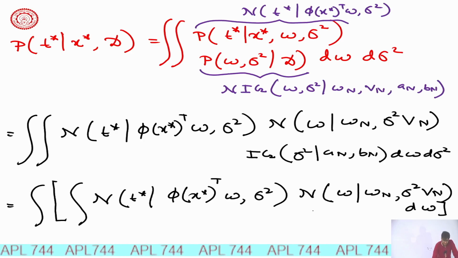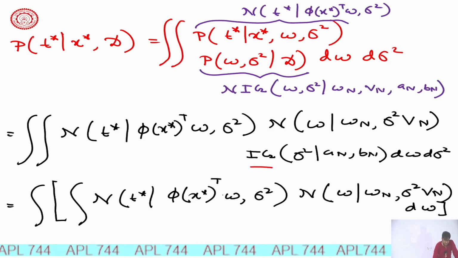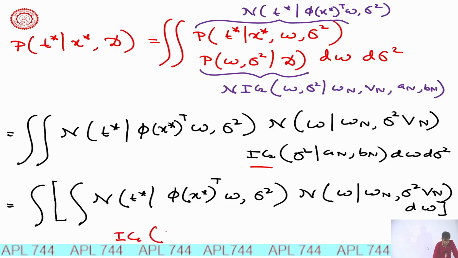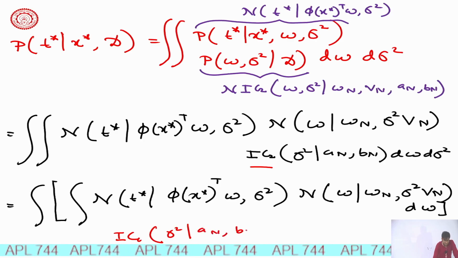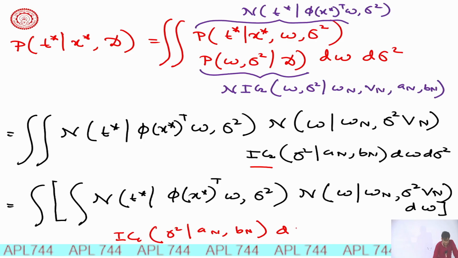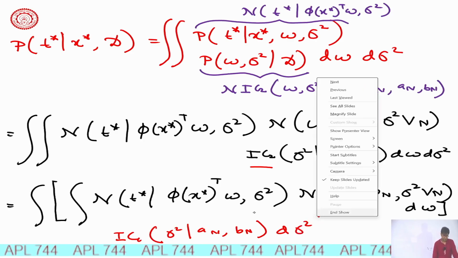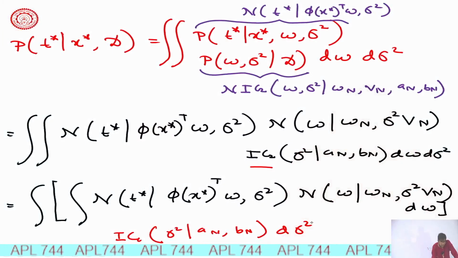So this one ends, and then there comes an inverse gamma of sigma square given An comma Bn d sigma square.